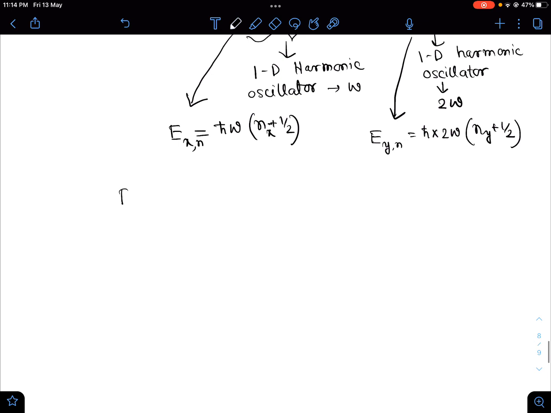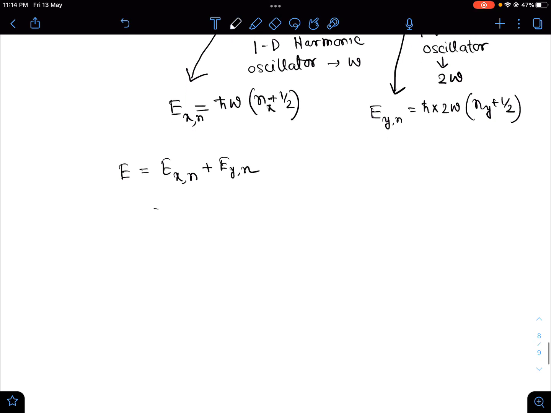What will be the total energy? The total energy will be the summation of these two, Ex plus Ey. We can write this as h cut omega times nx plus 2ny plus 3 by 2.